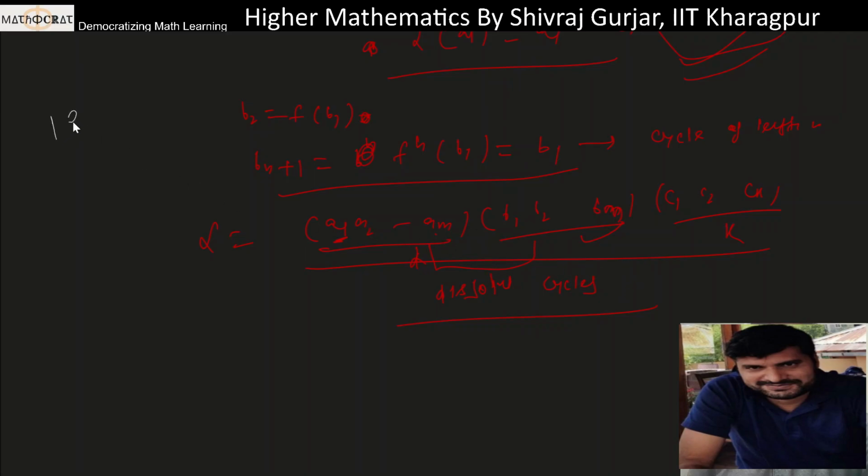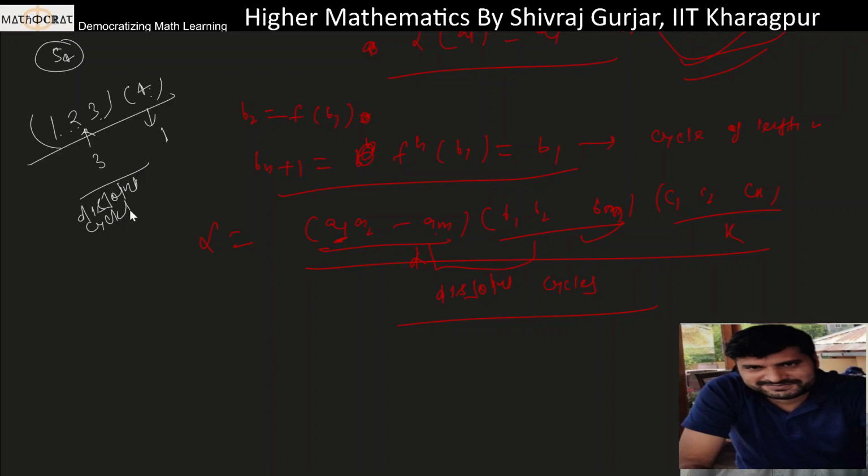Like if one cycle is 1 2 3, let's say these are elements of S4, and the other is just 4, then this cycle has length 3 and this cycle has length only 1. There is no element common between them. Here it is 1 2 3 and 4 only, so these are disjoint cycles.